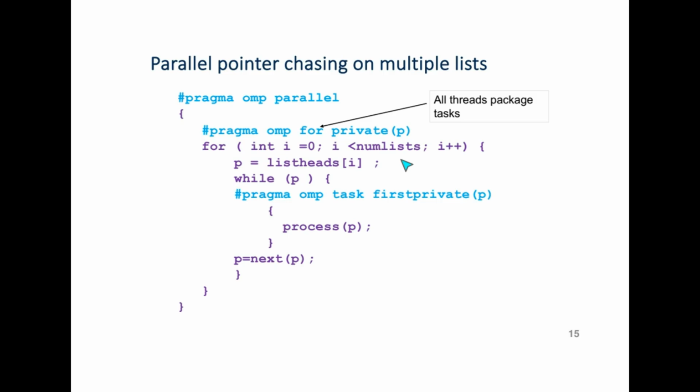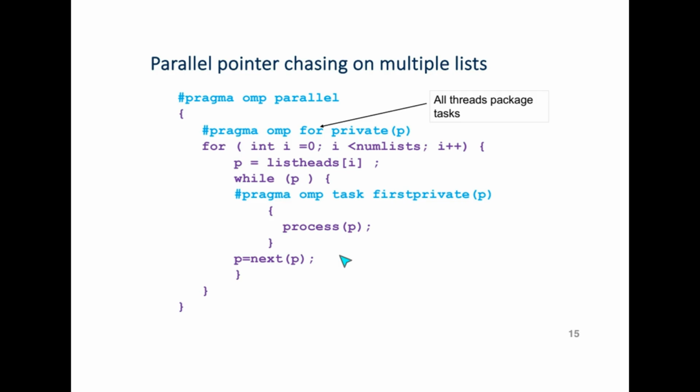This might be an example where we have no idea about load balancing. The lists could be very different lengths. The time that the process takes to execute on different items could be very different. But what this pattern does is allow full freedom for the runtime to try and load balance everything.